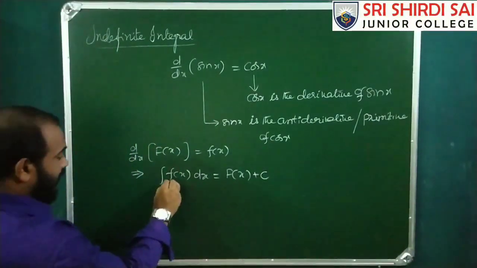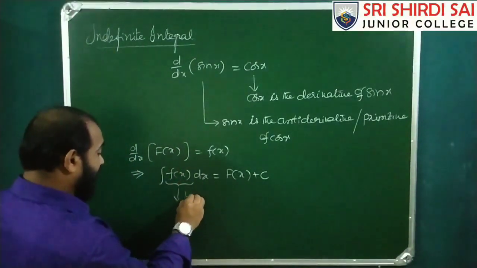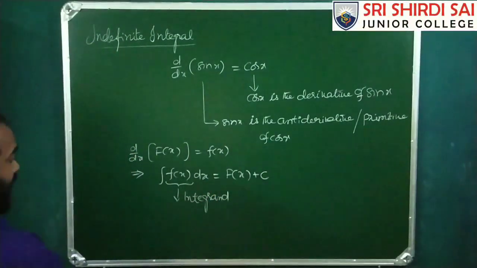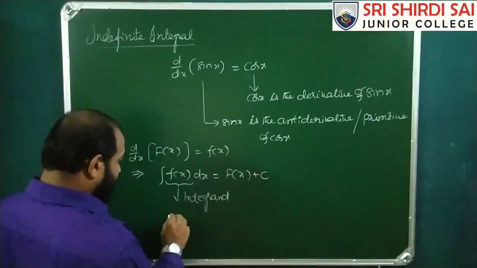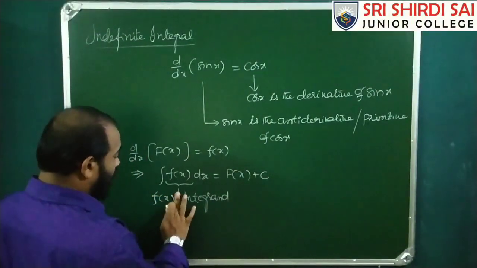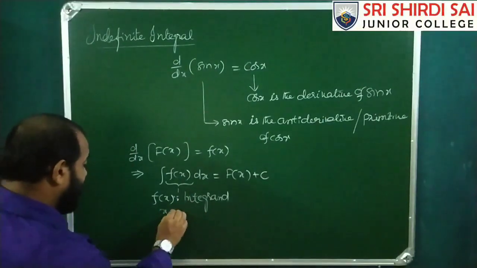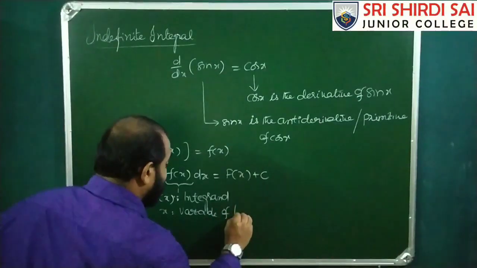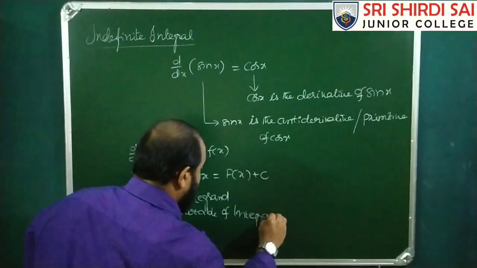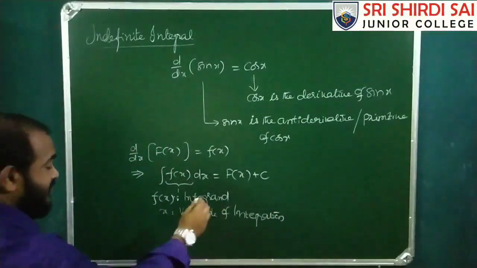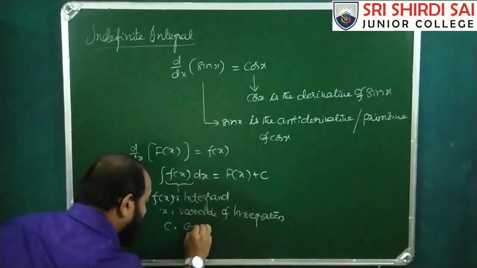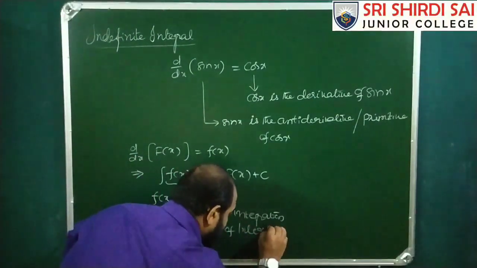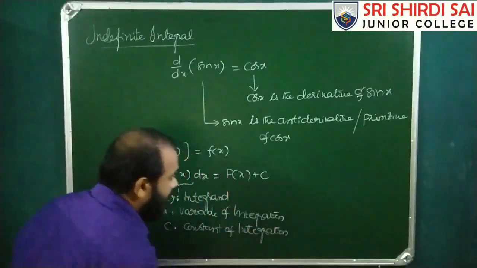So here f of x is called the integrand, and x is the variable of integration, and c is called the constant of integration, and this is arbitrary.